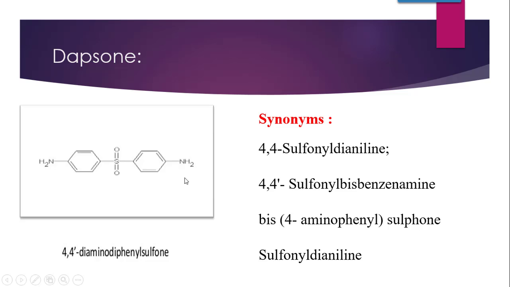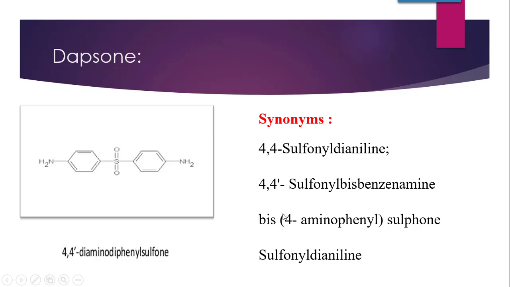So it is dianiline, that means two anilines on sulfonyl, with the NH2s present at the 4 and 4 dash positions. Then there is 4,4 dash sulfonyl bisbenzenamine. That means amine on benzene, and there are two of these functional groups, so it is bisbenzenamine.